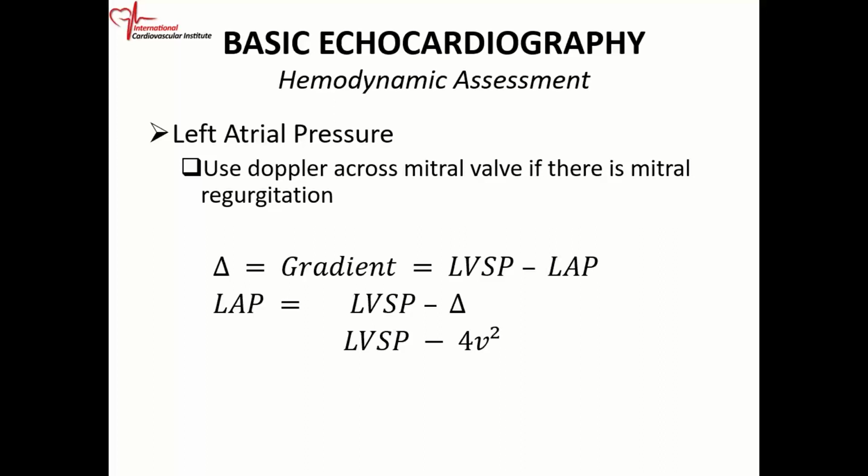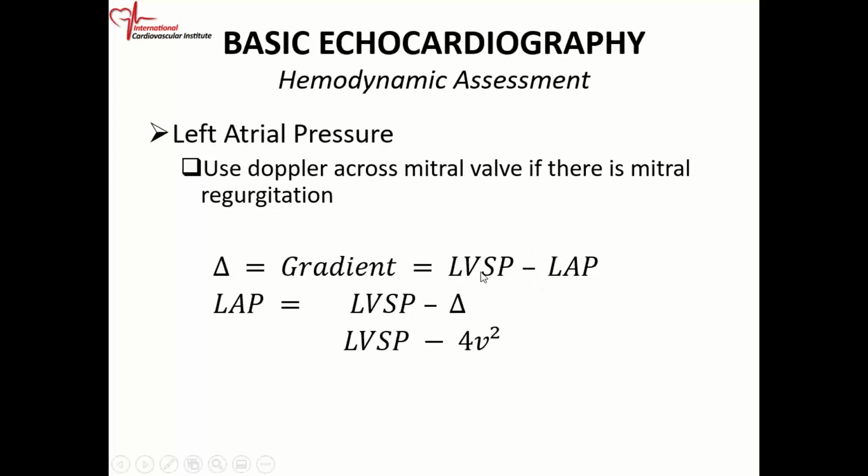That pressure difference is called the gradient. So the gradient will be the LV systolic pressure, because this is a phenomenon that occurs in systole. The LV systolic pressure minus the left atrial pressure is the gradient, and it is equal to 4V squared. We said gradient is equal to 4V squared.